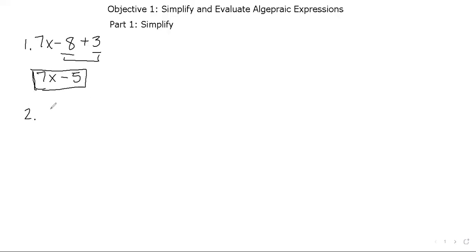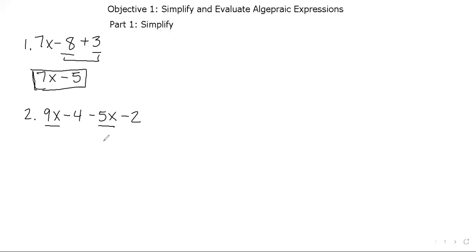Next, let's look at number 2. We got 9x minus 4 minus 5x minus 2. Again, we want to combine all of those terms that are alike, or combine like terms. So I'm going to underline everything that has an x.